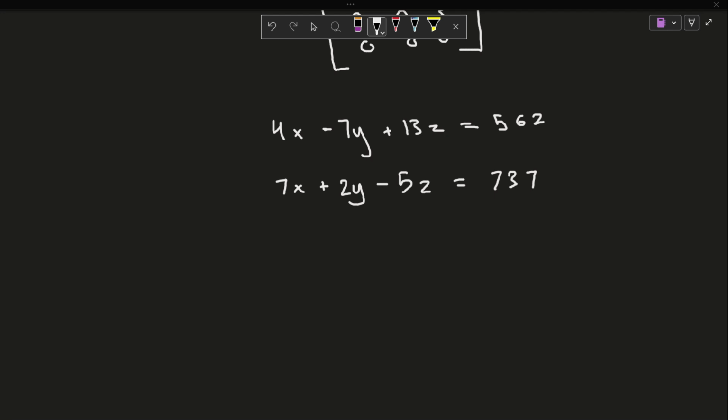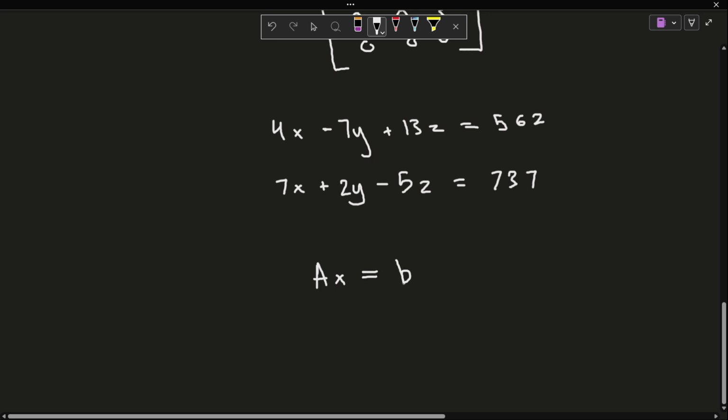Okay, so how do we represent this system as a matrix? Well, let's say we have a starting matrix, which is going to be A, and then we're going to have X to represent our variables, and then B to represent our solutions.